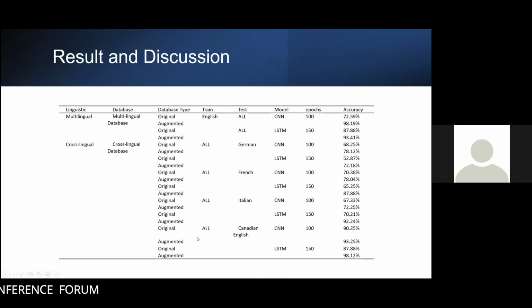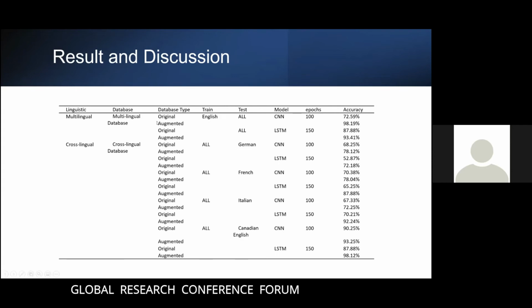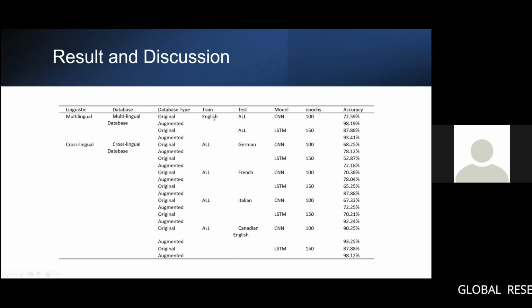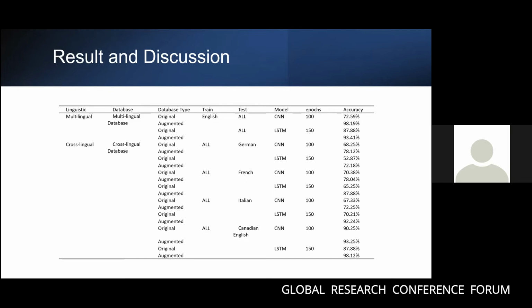But the next one is the multilingual case. I have done the multilingual approach for English. In multilingual, I am training with English and testing with all the databases. All databases means the combination of Italian, German, Canadian English and the others.